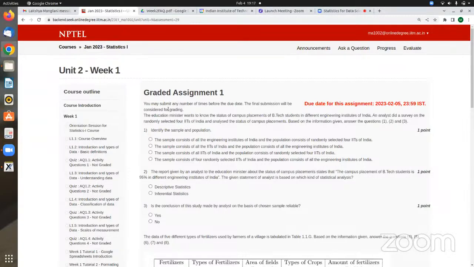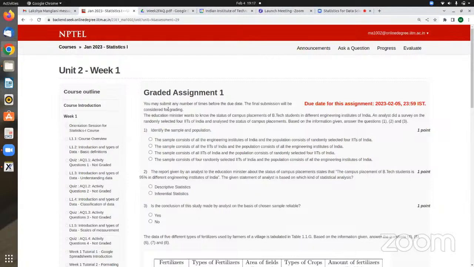The statement is that the campus placement of BTech students is 95% in different engineering institutes. So based on this sample, the analyst wants to tell about all engineering institute students, right? That means based on the sample we are inferring about the whole population. So what kind of study is it?